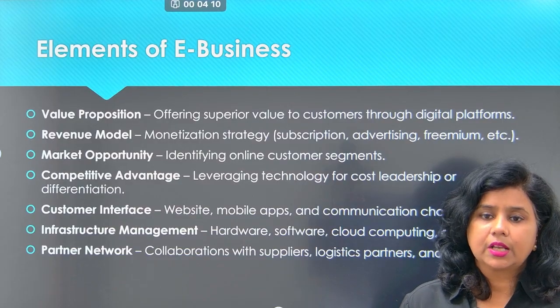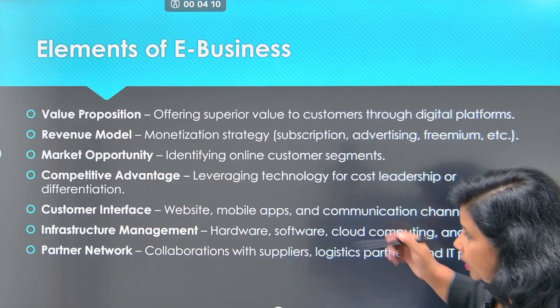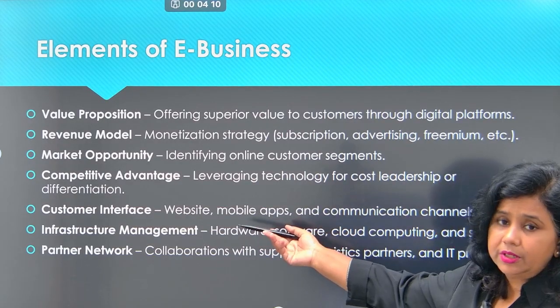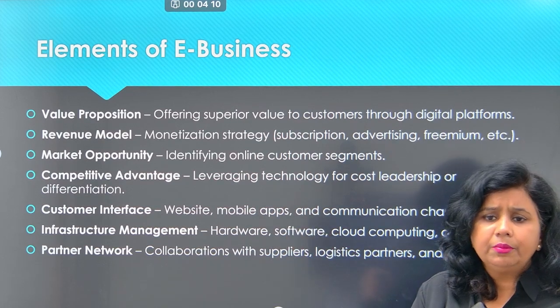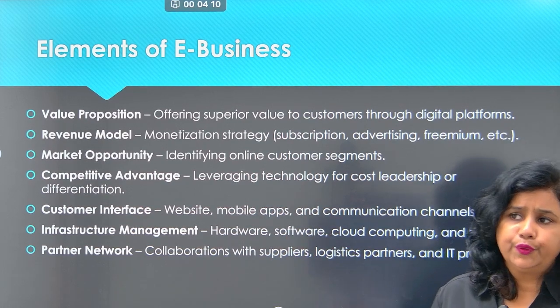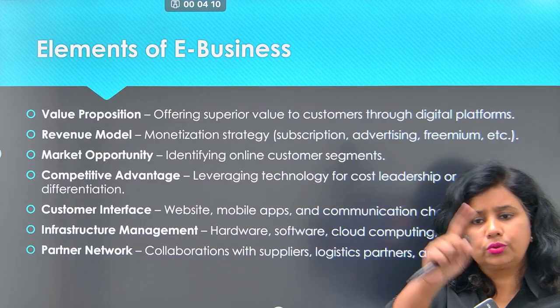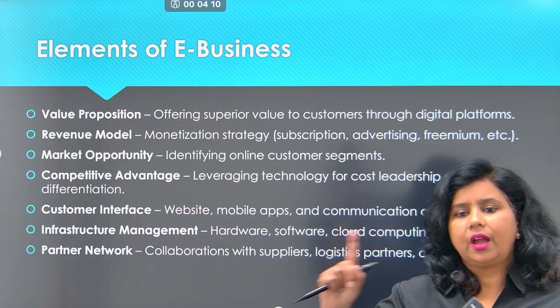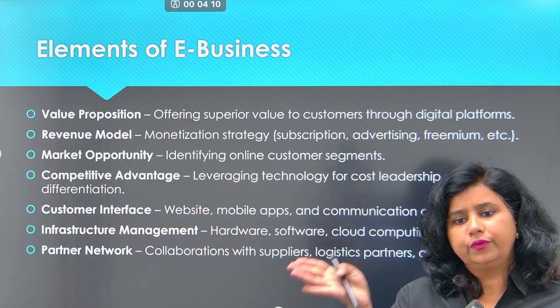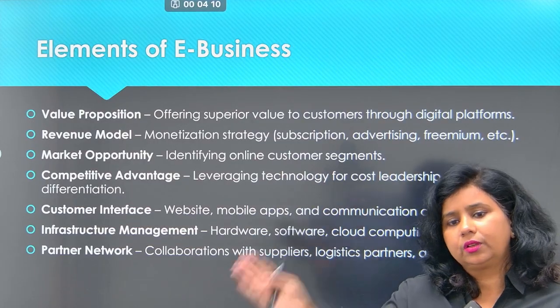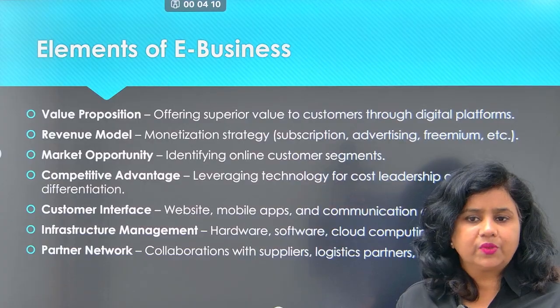So that you can make a complete customer interface. Your customer interface is obviously your website, your app, how it looks, what are the communication channels involved. If every time we need to go to the home page, and then again to go to one particular page we go to the home page, it becomes very cumbersome, right?